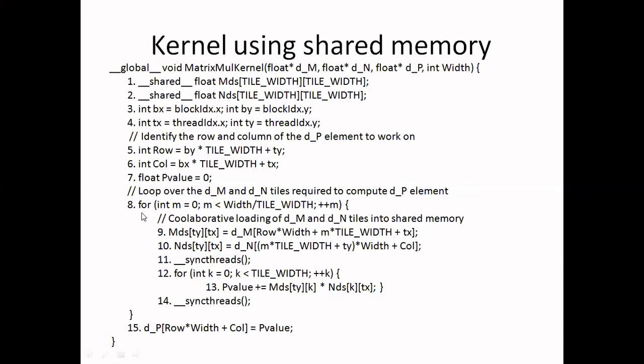If we are in the first iteration, then this is the first syncthreads that we are getting, so all the threads will wait for it. So all the threads will load the first tile, they will synchronize here, and then they will perform this operation.